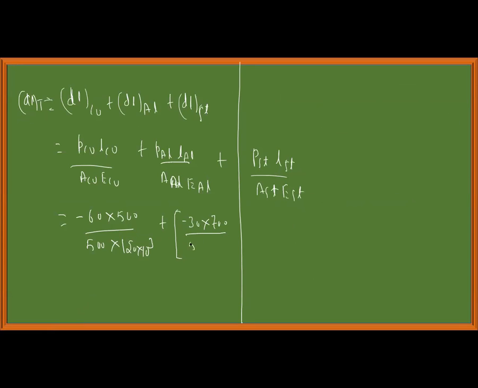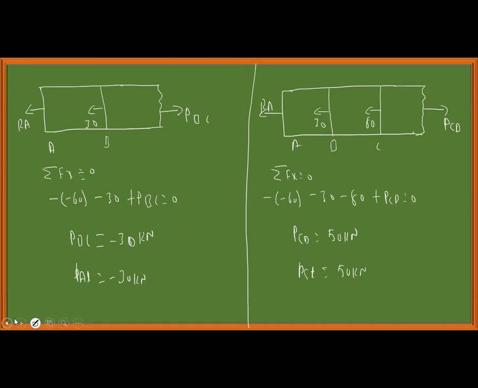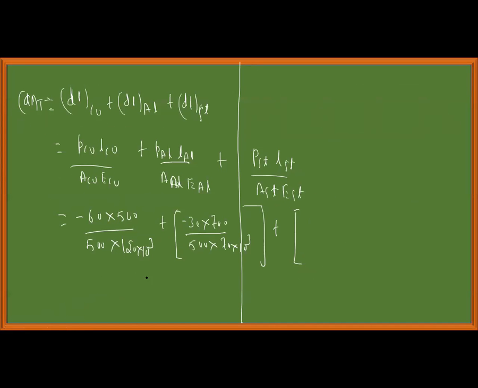Area of aluminum remains the same, 500. Young's modulus of aluminum given in the problem, 70 GPa, 70 into 10 power 3, plus P of steel, it's 50 kilonewton. I have missed 10 power 3.